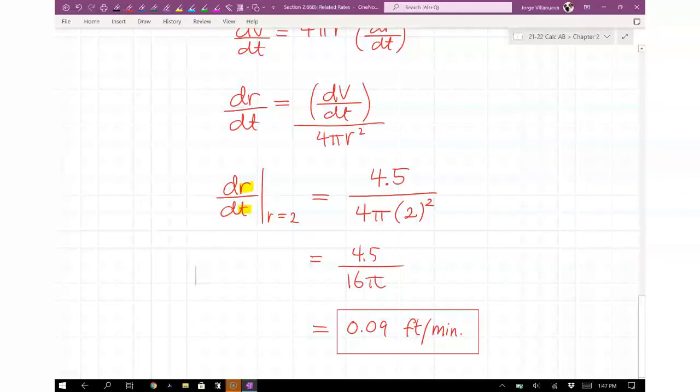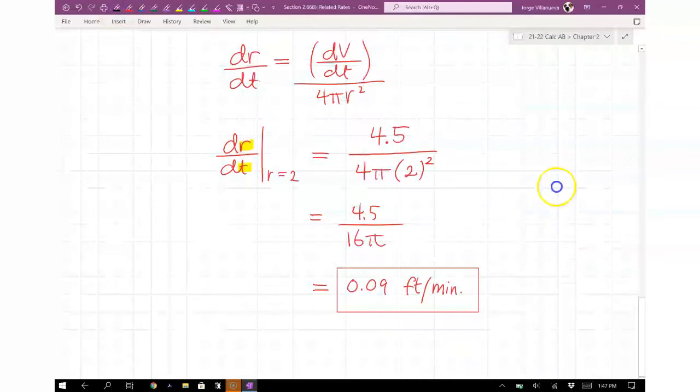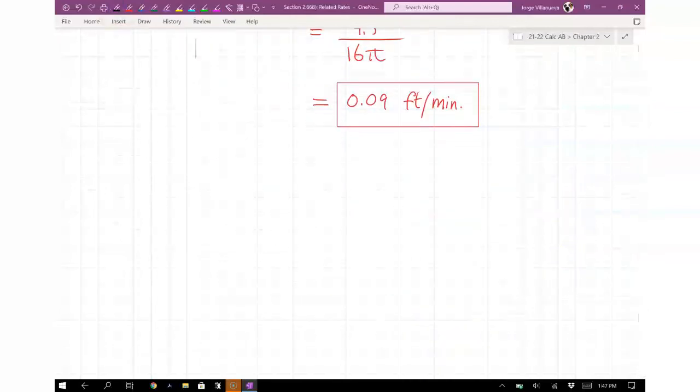All right, let me see if I can get one more in here if there are no questions. Let's see. All right. Example 3. I think I have to draw a picture for you guys here, but let's see.